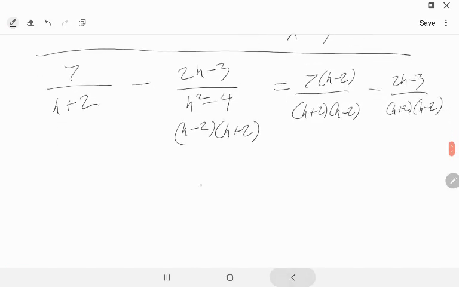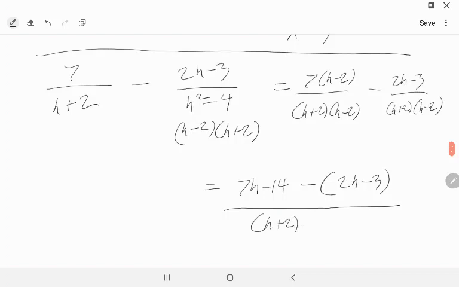And so we're going to get 7h minus 14. Now we have to be careful that 2h minus 3, we have to treat it as though it's in parentheses because of that division bar. So we subtract the quantity 2h minus 3, all divided by the quantity h plus 2, h minus 2.